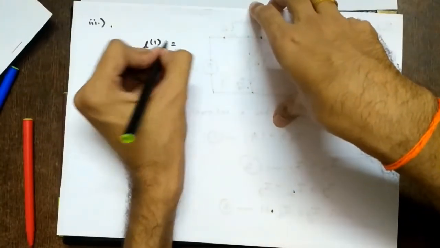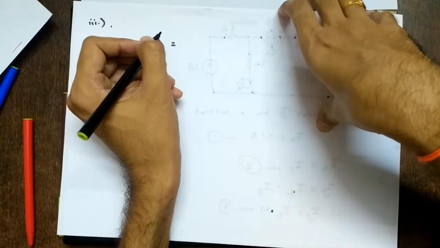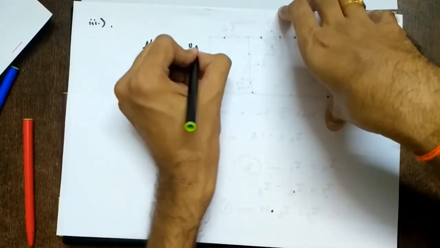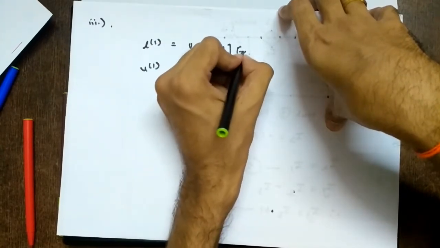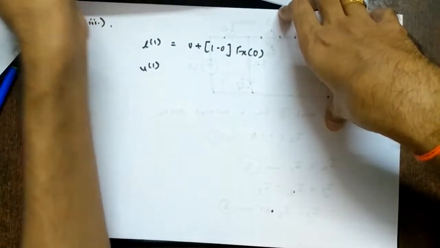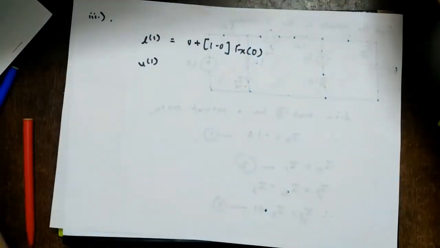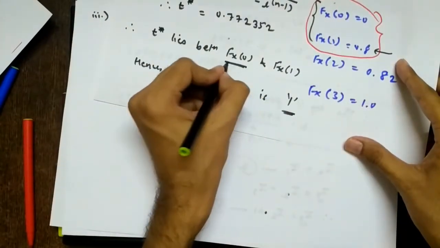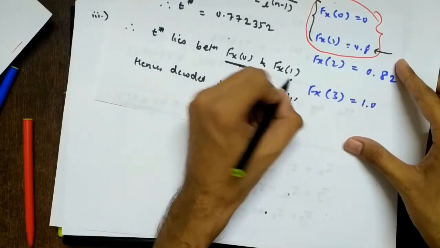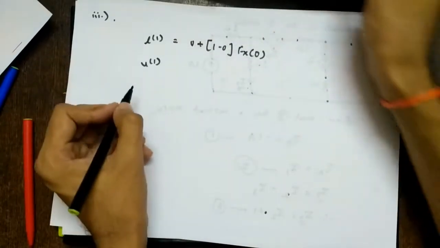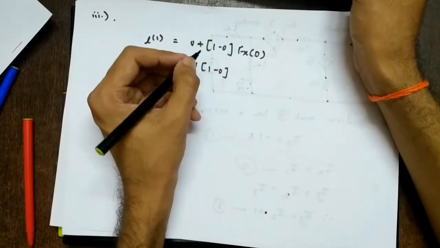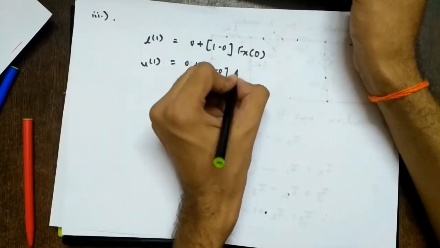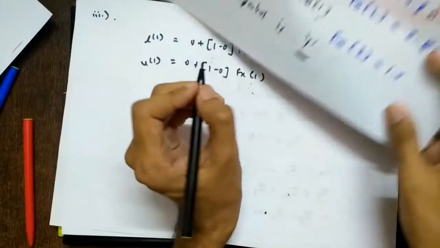So L of 1 is what? Same formula. It will be L0, which is 0, plus 1 minus 0 times fx of 0. Why fx of 0? Because this was the lower limit. It is lying between fx of 0 and fx of 1. So take the left one. And then U will be 0 plus 1 minus 0 times fx of 1, the right one.